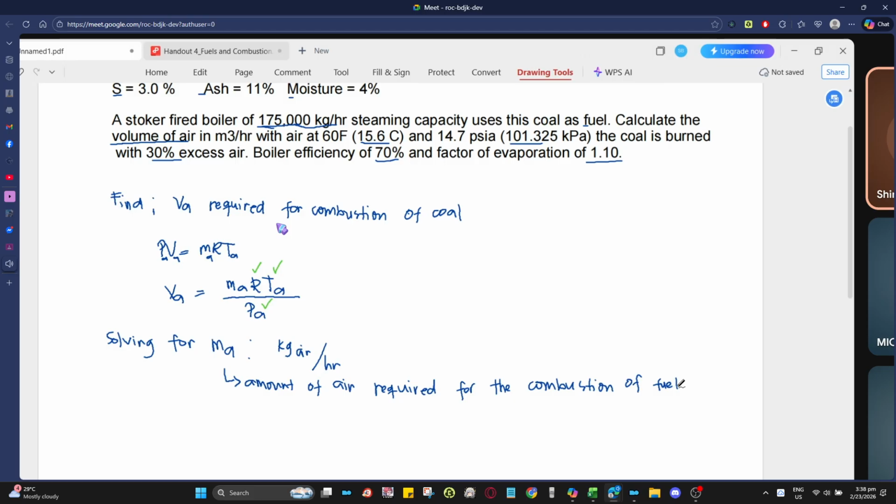Okay, so this is the amount of air required for the combustion of fuel.